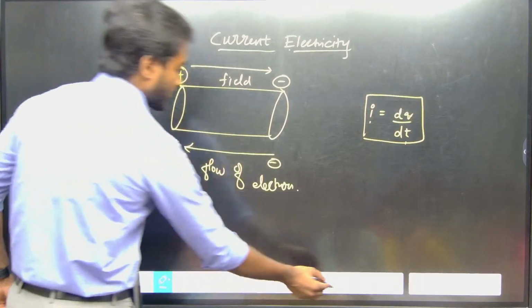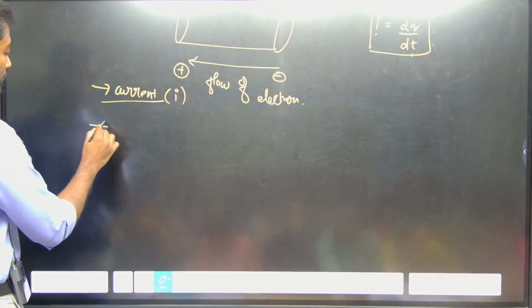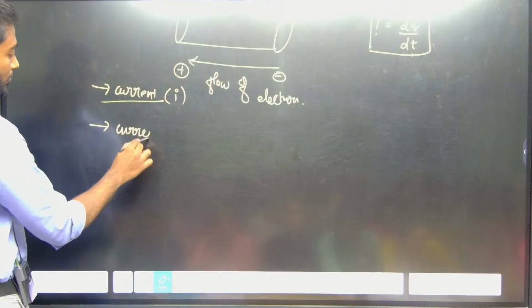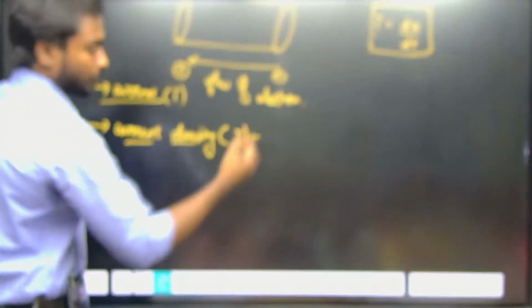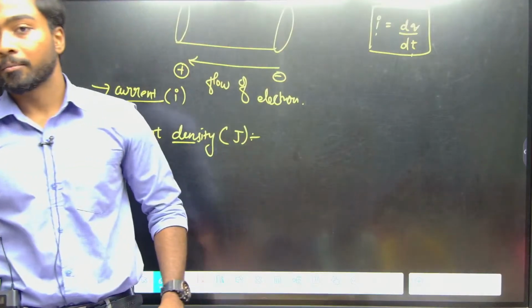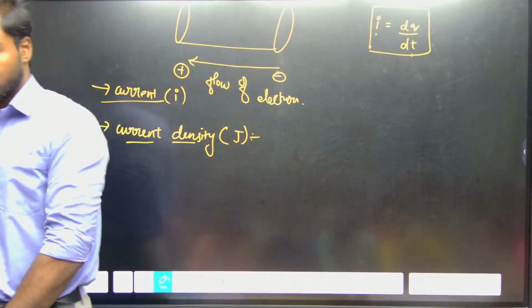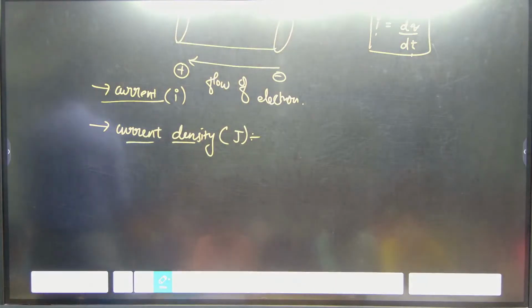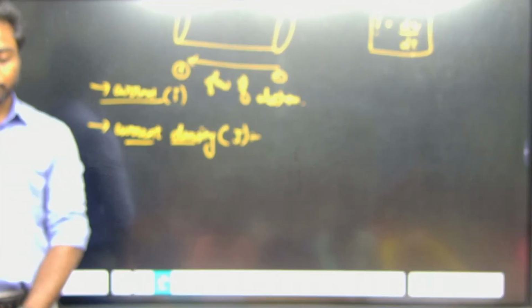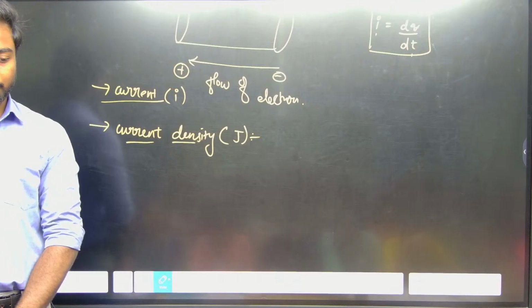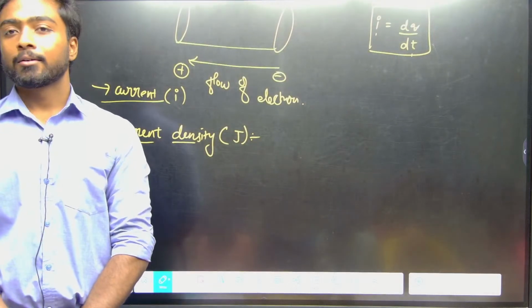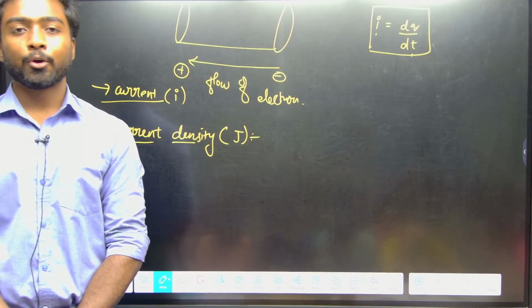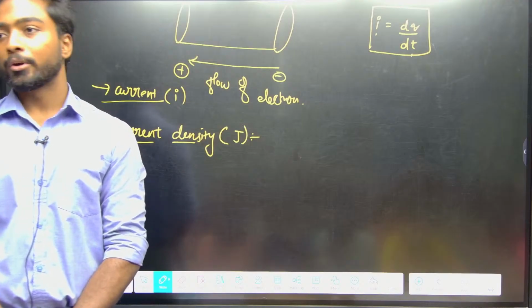The next topic is current density, which is denoted by the letter J. Current density. First point, it is the current flowing per unit area.